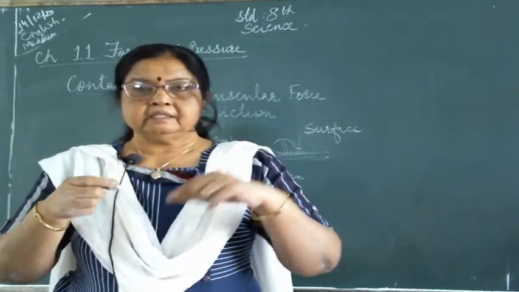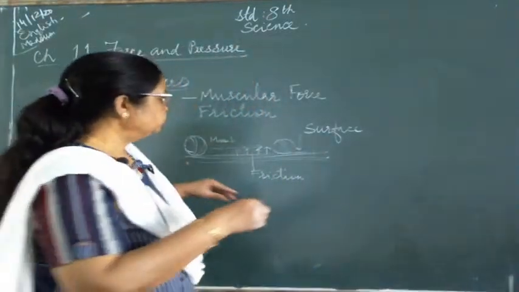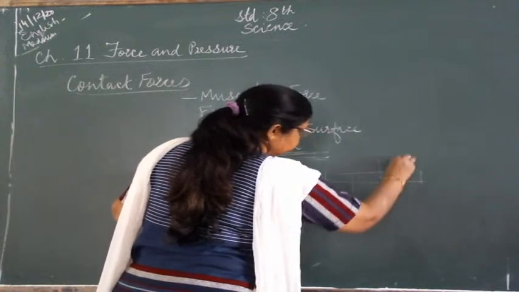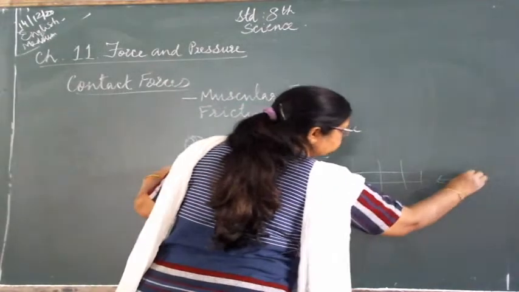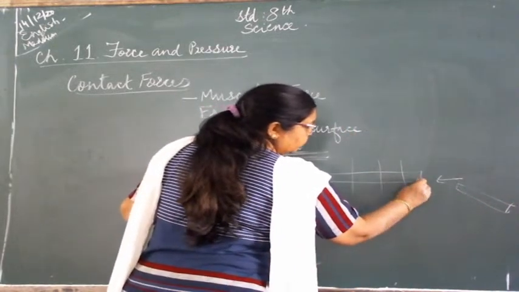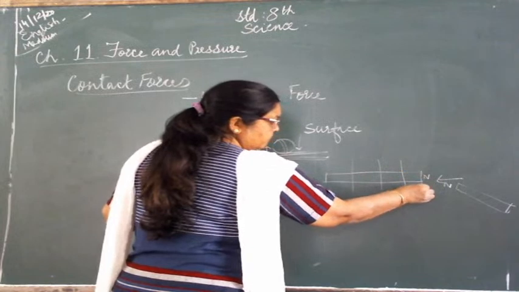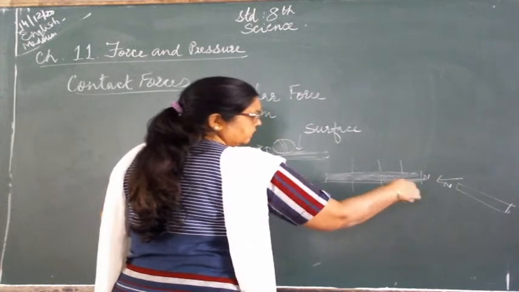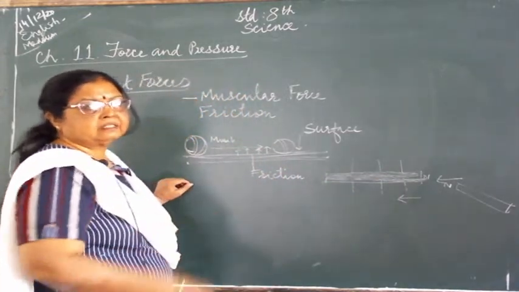If you put 3 rolling pencils, round ones, and on them you put a bar magnet, and you bring another magnet near it, if both are of north direction, they will repel, and this magnet will move towards this side, and that is why the pencils will also change their state.